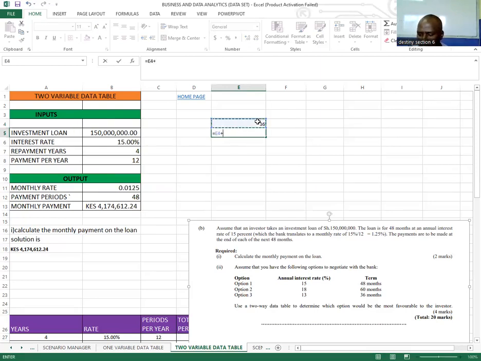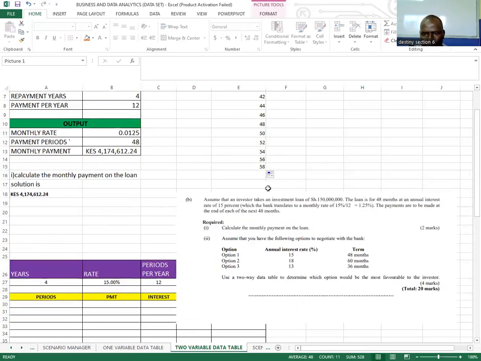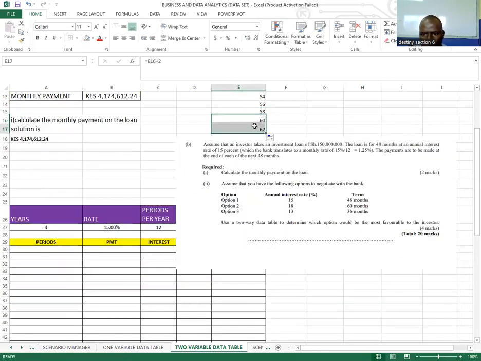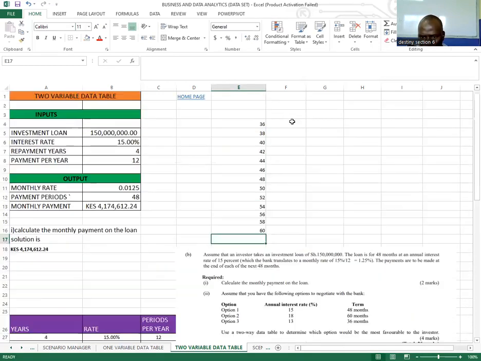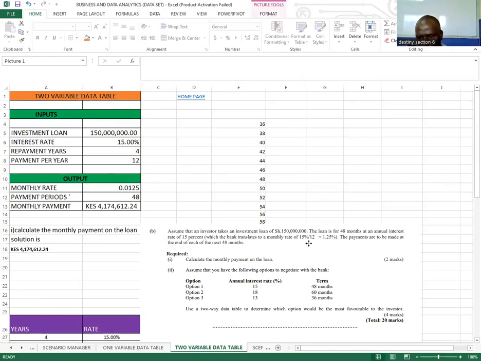And then once we have said 36, maybe a difference of 2. This one plus 2. And then I click OK, and then maybe I drag. I don't know whether we have captured all what we have there. I can see in the terms, you can see 36 somewhere, 48 somewhere, and also 60.